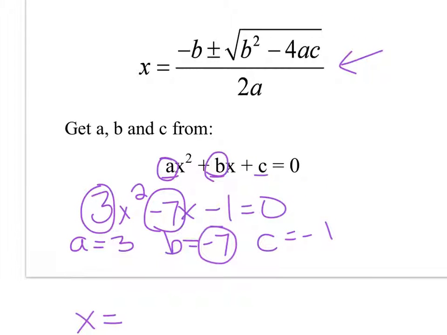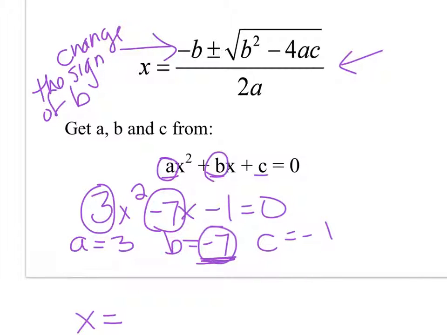All that means is, here it says negative b, and here b is already negative. So when we plug it in, it changes its sign. The negative here means change the sign of b. So here b is negative, so what I put here is positive.